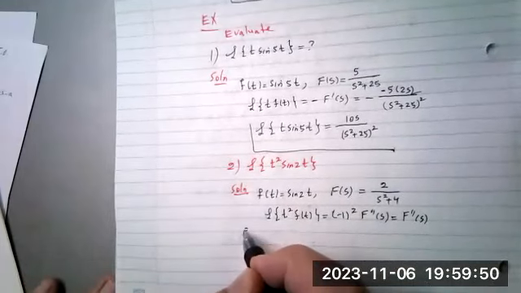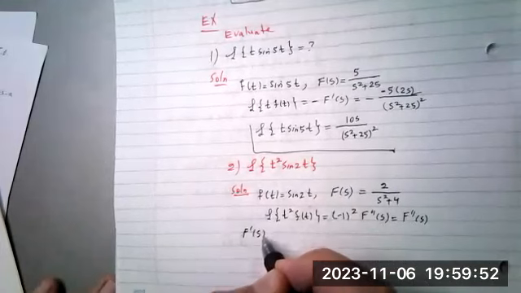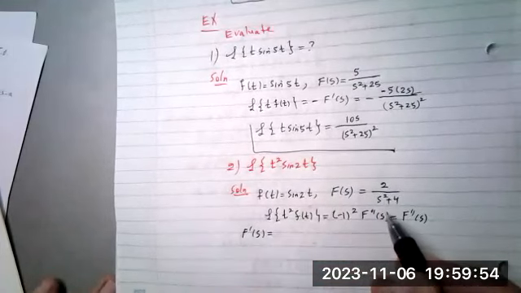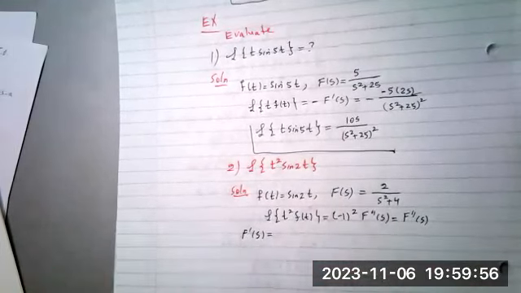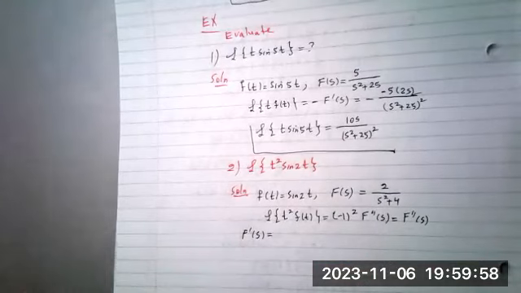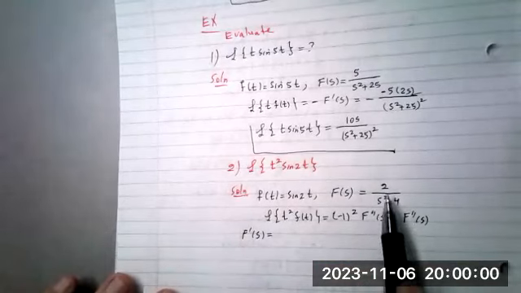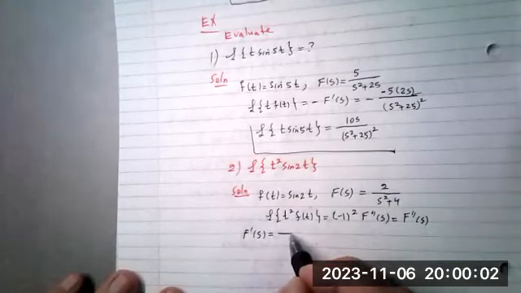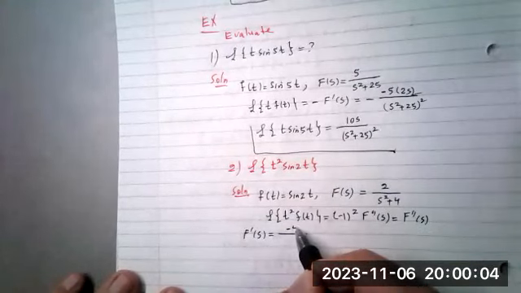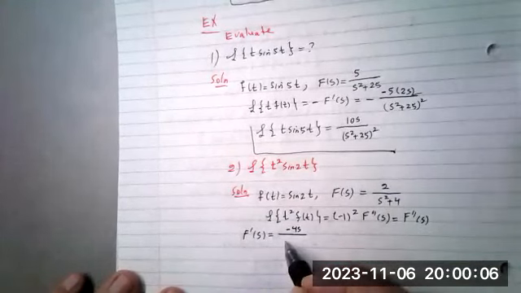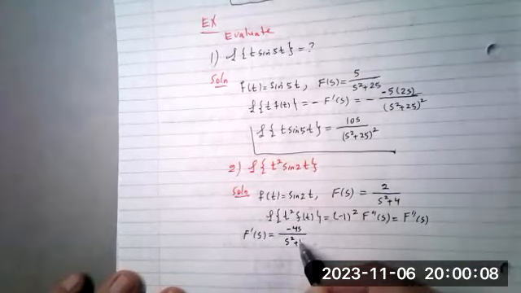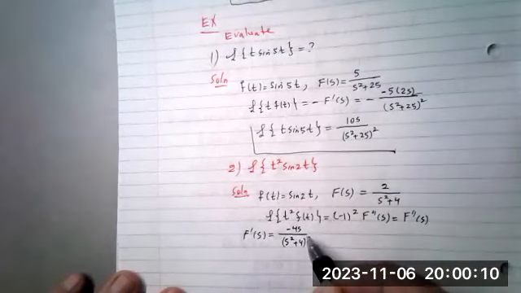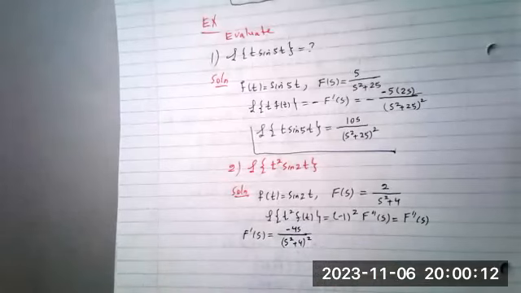So we go for F prime of s first. The derivative of the top times the bottom, minus the derivative of the bottom times the top. The bottom part is going to be 2s times, it's going to be -4s divided by s squared plus 4 all squared.